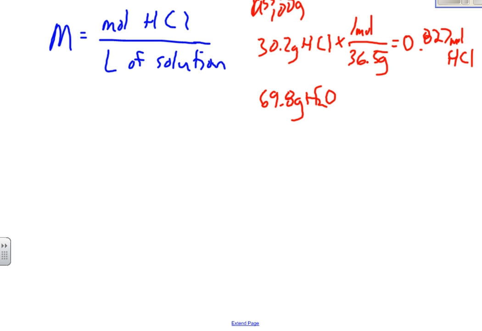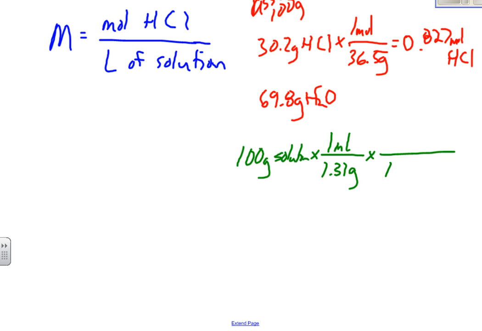To figure out the liters of solution, we'll use the density. So you've got 100 grams of solution times 1.31 grams of solution to 1 milliliter, and 1,000 milliliters to 1 liter, which then gives us a volume for our solution of 0.0766 liters.